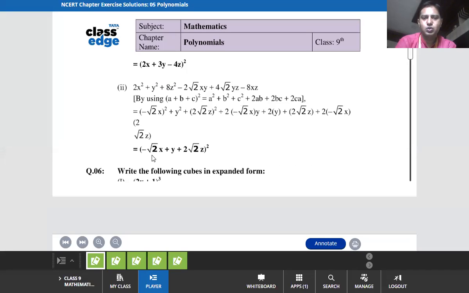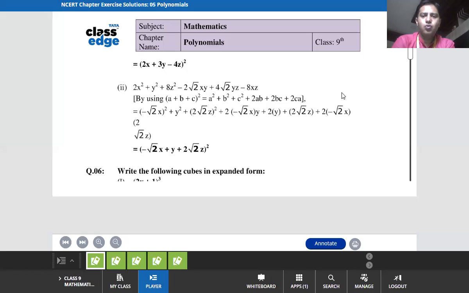Instead of a we have minus under root 2 x, instead of b we have y, and instead of c we have 2 root 2 z. So the factorized form of the question will be under root 2x plus y plus 2 root 2 z whole square, with a negative sign on the first term. This is the answer to the next part of the question.